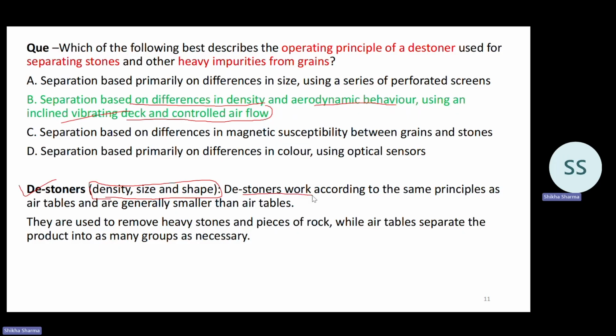The destoner works on the same principle as the air tables and is generally smaller than the air tables. It is used to remove heavy stones and pieces of rock, whereas air tables separate the products into many different groups as we require.